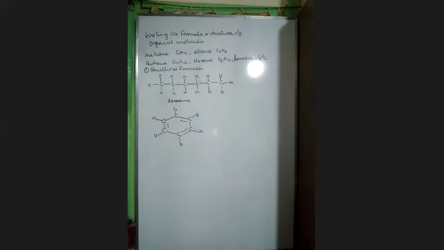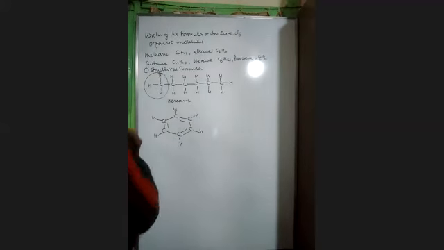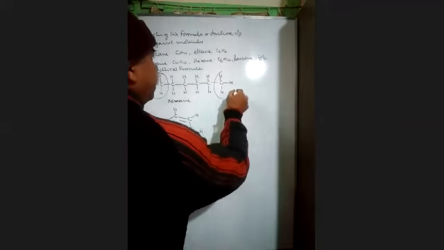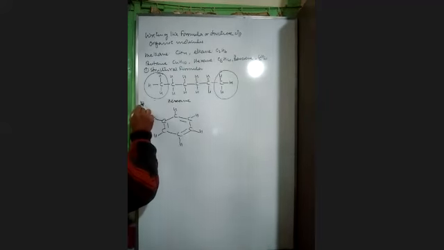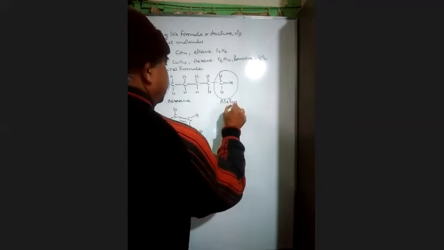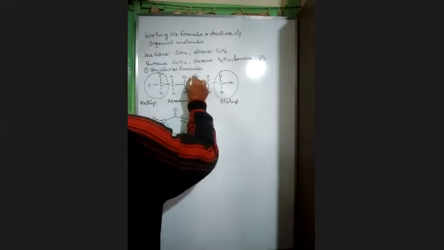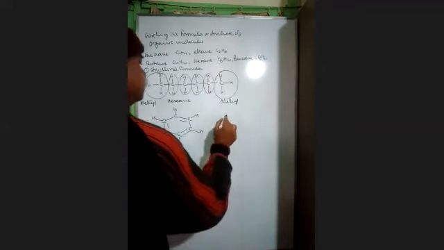So now, if you want to write it short, what should you do? See here. In this molecule, at the beginning we have a carbon with 3 hydrogen, and at the end we have a carbon with 3 hydrogen. These are called methyl. And see, the rest of them have CH2.